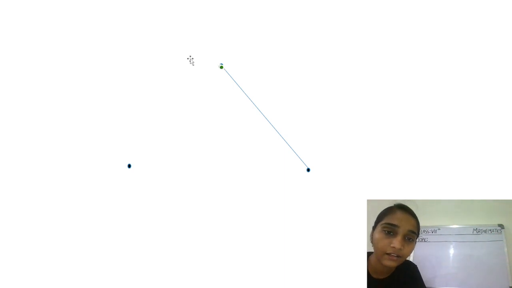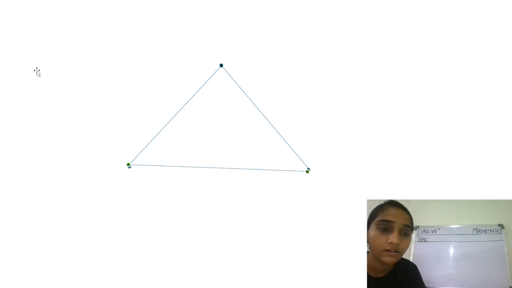Yes, this is a line. Let us draw another line by joining these 2 points. And now you will join these 2 points also. Very good, students. Now we have joined the three dots using lines, like we have attached the two different dots.